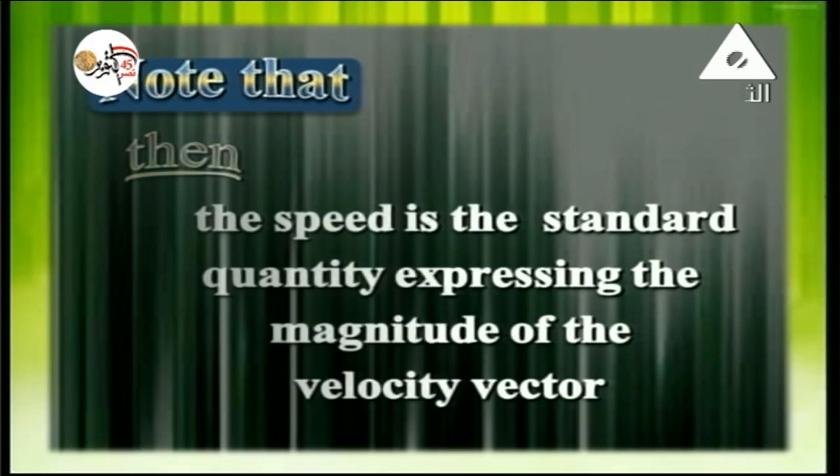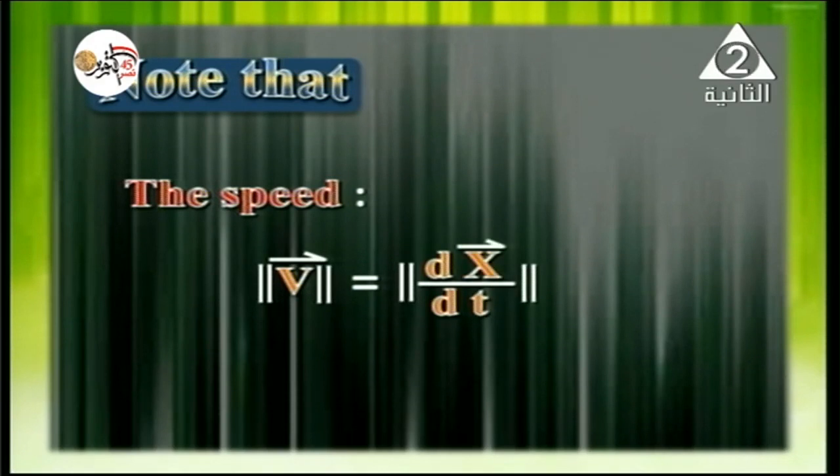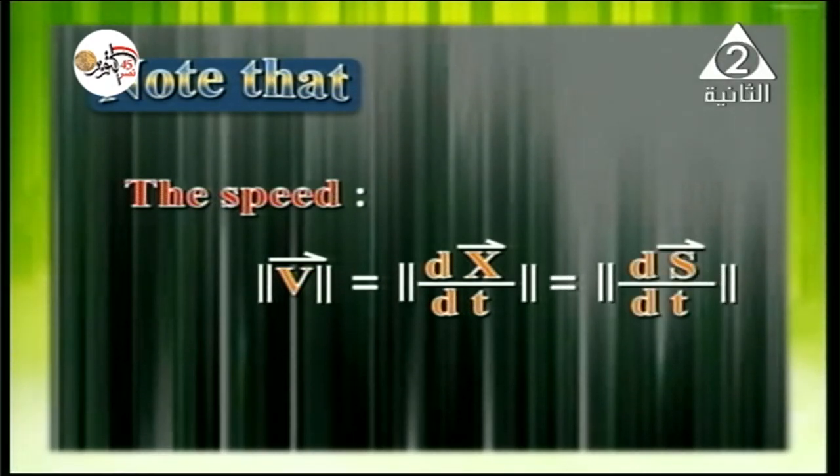My dear student, we can express the norm of velocity v as the speed. Speed equals norm of v, which equals norm of dx over dt, or equals norm of ds over dt.